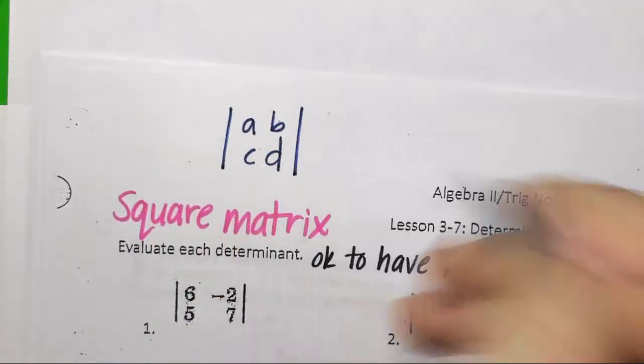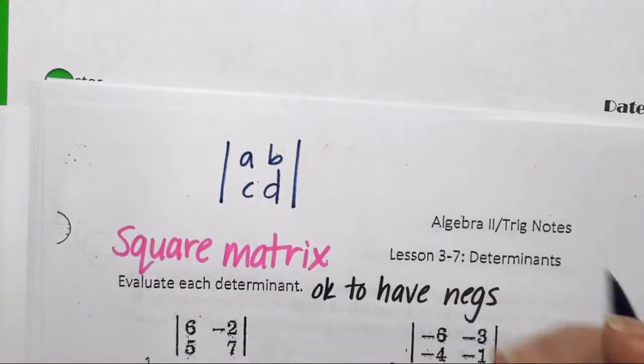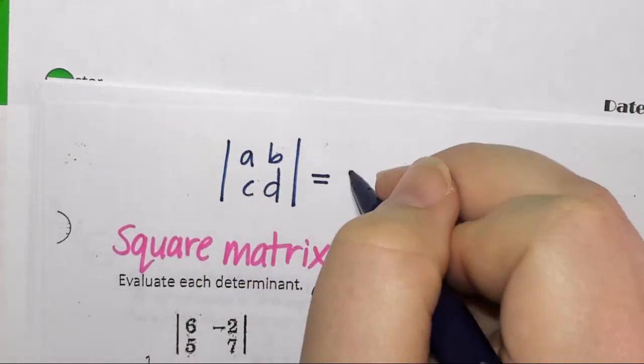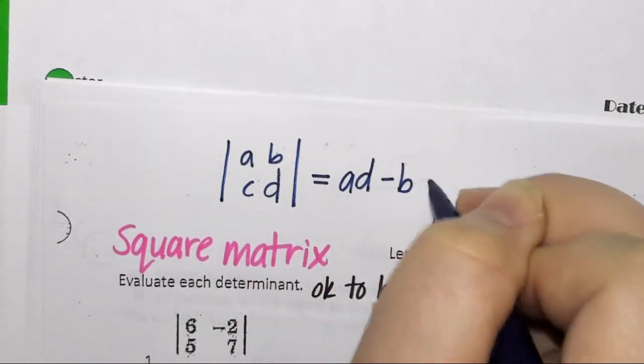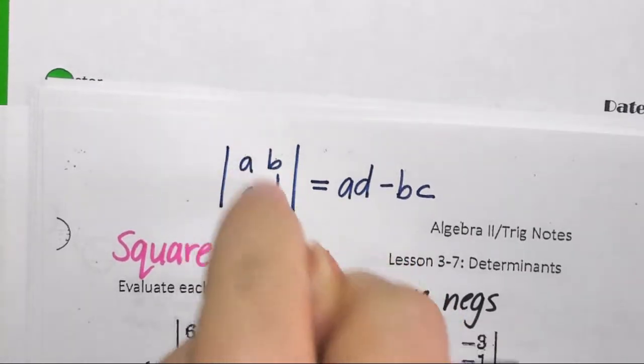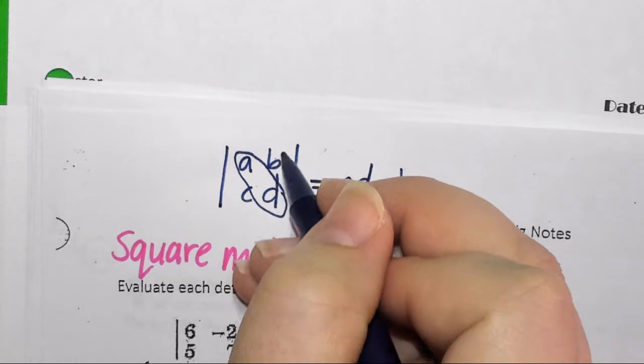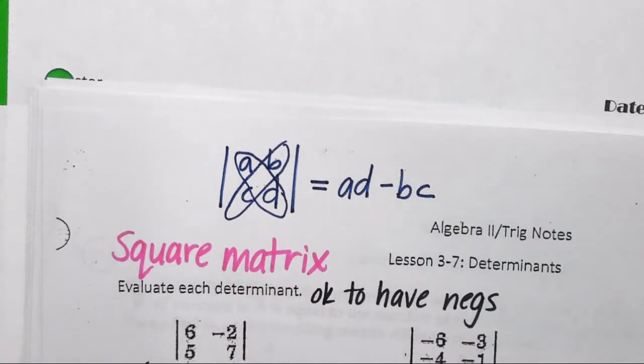Okay, so I like letters, so if you want to write this down, you can. We're going to work enough where you don't need it, but if you like letters, I like letters in a process. So to find the determinant of a 2 by 2, we're seriously going to use the diagonals. We're going to do AD minus BC. So we're going to take the product of this diagonal and then subtract it from the product of this diagonal.